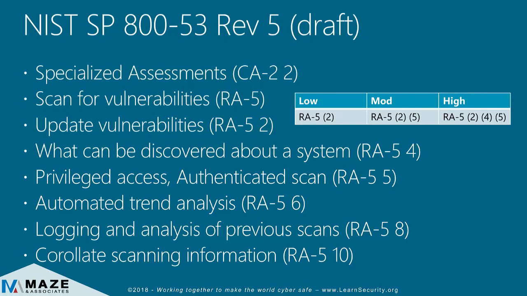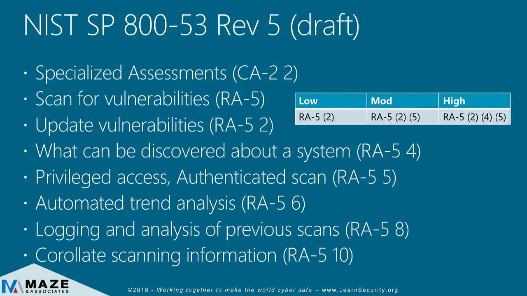Now, NIST 800-53, and I'm again pulling from the Revision 5 draft, under specialized assessments there is a bucket list of what you might need based upon risk. It also falls specifically under RA-5, where you're scanning for vulnerabilities and updating the signatures for those vulnerabilities that you're scanning.